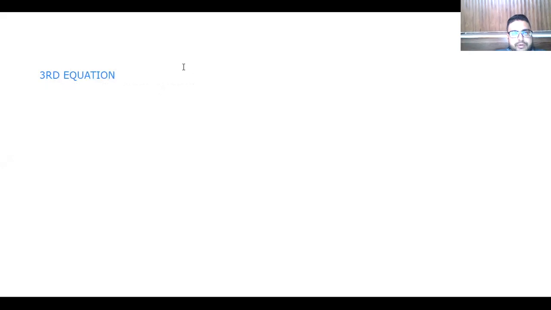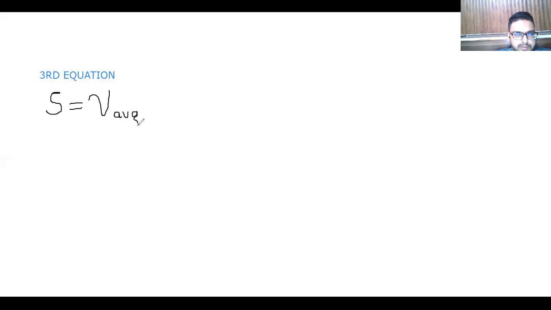Okay, for the third equation, again, our starting point will be the same. We will be using the same formula. So S will be equal to V average, which means average velocity, multiplied by time.